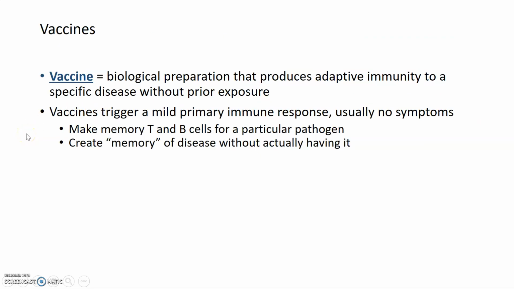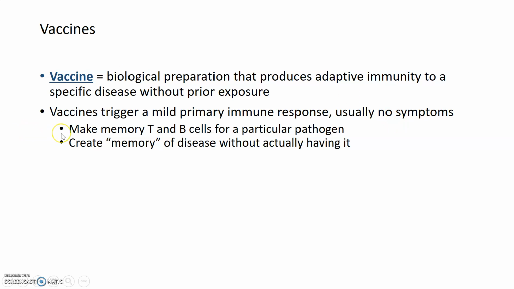And so vaccines, in short, are biological preparations that produce an immunity to a specific disease without prior exposure to that disease. And vaccines are sort of a medical miracle. And the way that they work is by triggering a mild primary immune response, usually where the host will have no symptoms that would normally be associated with the disease.